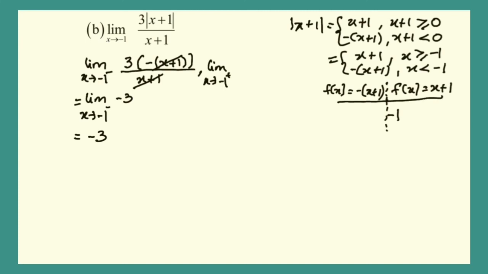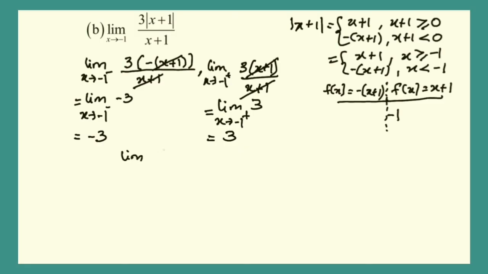The function at the right is x plus 1. Here is 3 times (x plus 1) over x plus 1. And then cancel out x plus 1. Here is the limit of 3 as x approaches negative 1 from the right. Then the answer is 3.